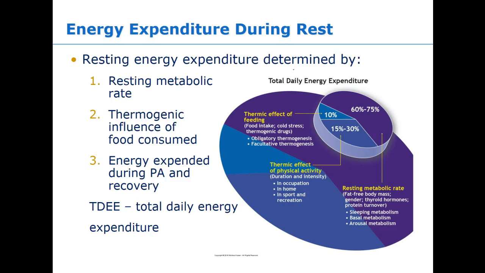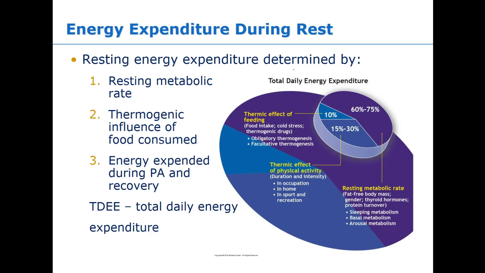I know this slide is titled Energy Expenditure During Rest, but I don't want you to get that confused. I think it's more accurately described as the total daily energy expenditure, or the TDEE. And again, that's all of the calories that your body utilizes in the course of 24 hours.